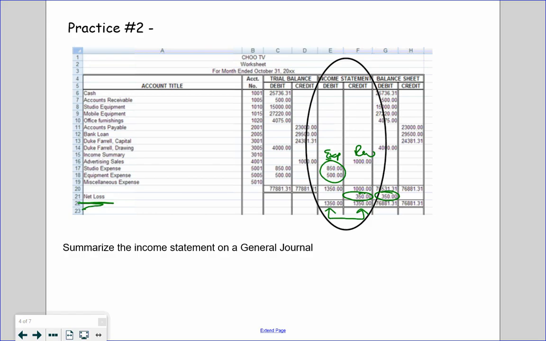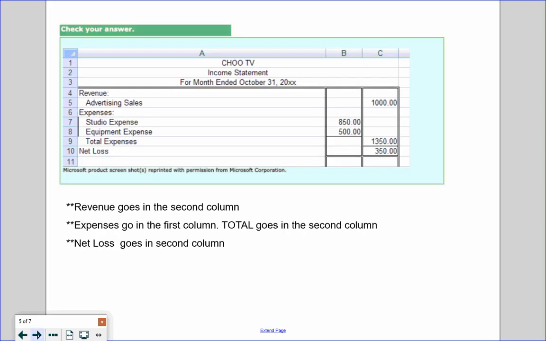So what this looks like, it stays exactly the same except for the word net income versus net loss. So put your title, indent the account name, put it into the second column. Expenses, indent your expenses, they go in the first column.